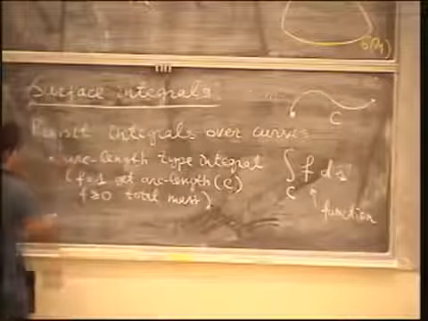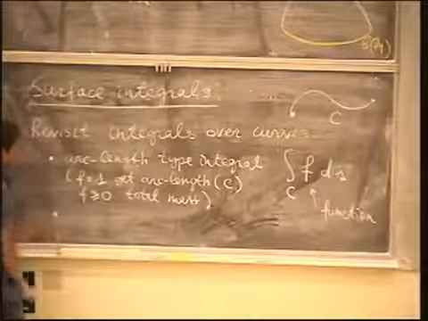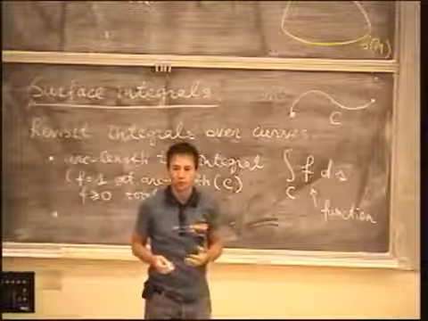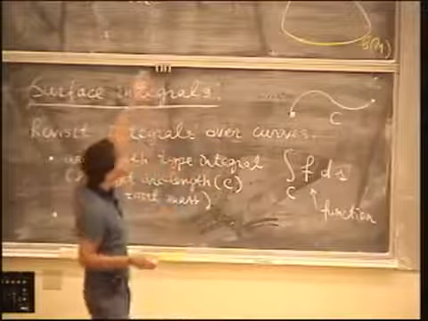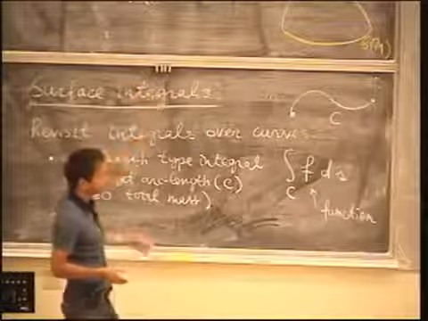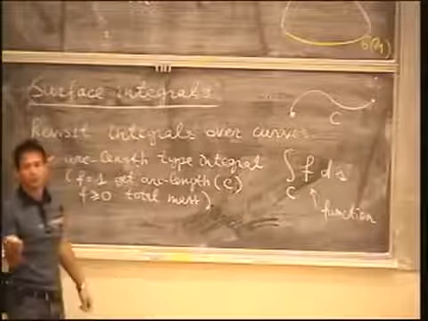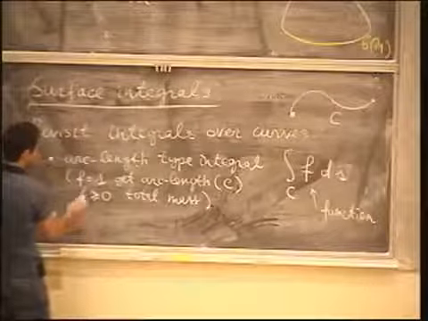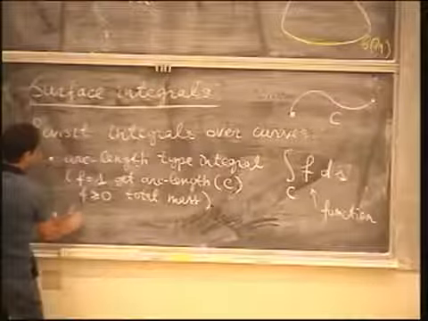Okay? So that's the first type. And the second type, which we have actually studied more, and which turned out to be more important for our purposes, in particular for formulating things like Stokes' theorem or Green's theorem, or the fundamental theorem of line integrals for that matter, are integrals of vector fields. Line integrals of vector fields.